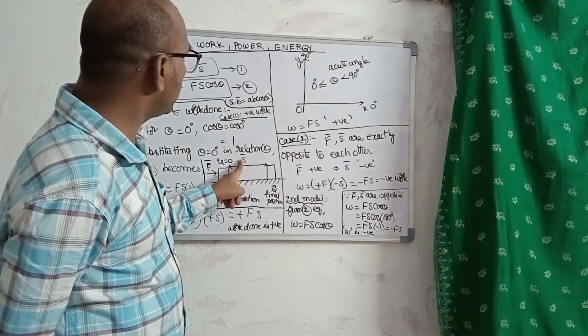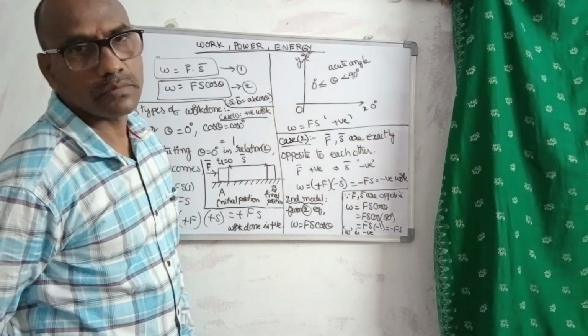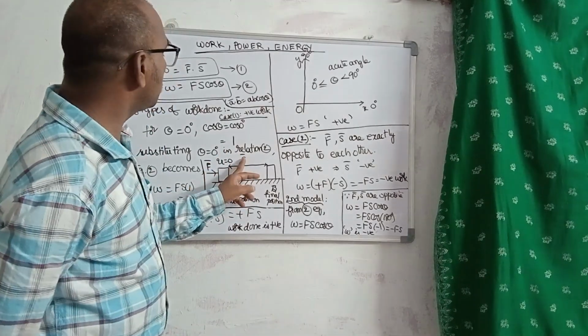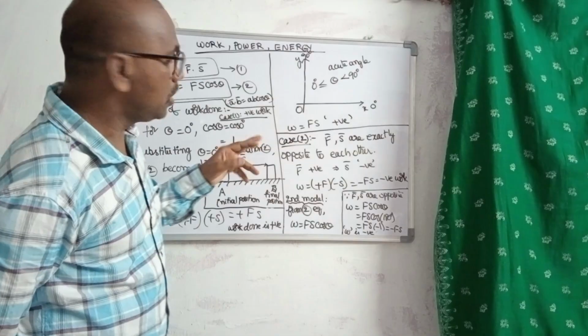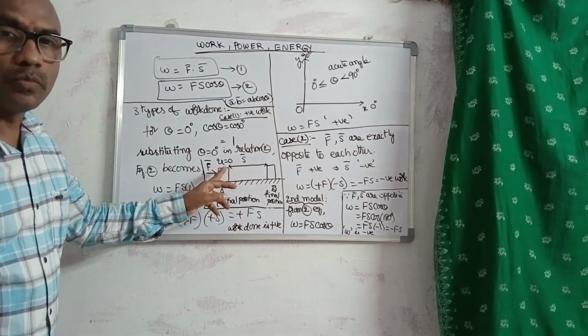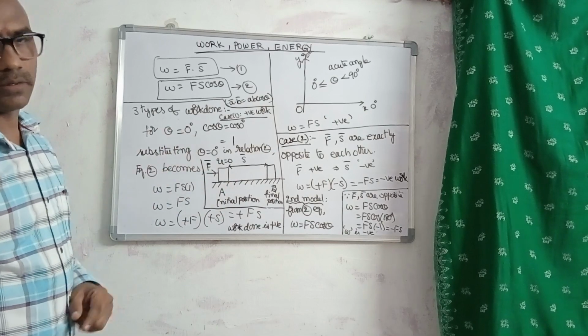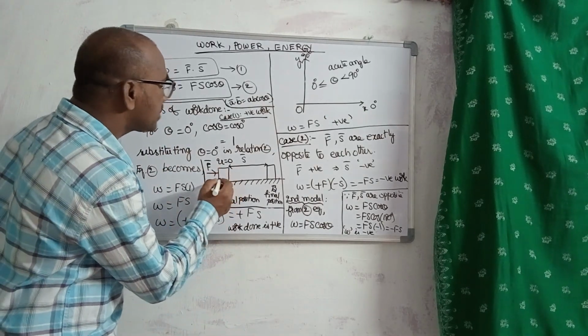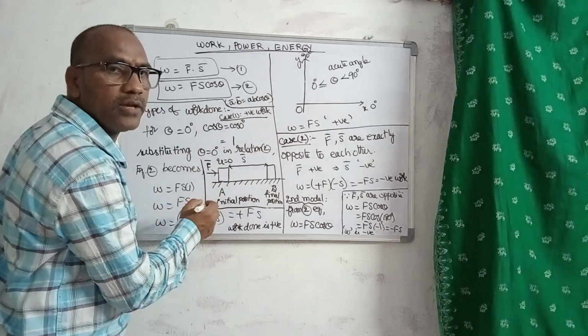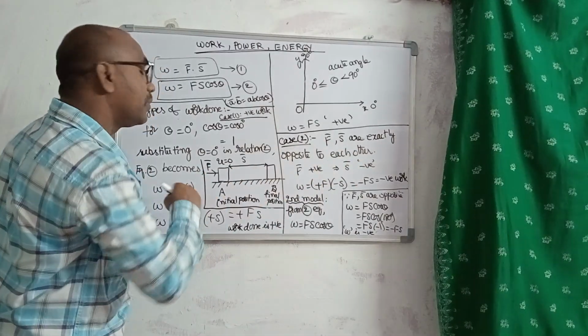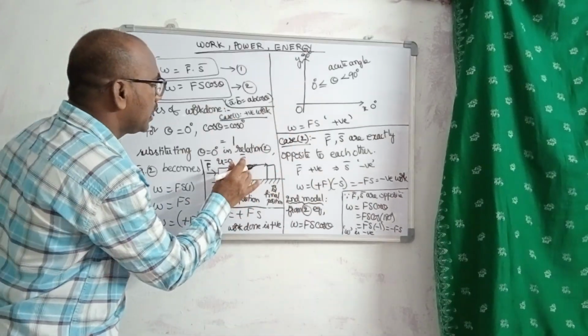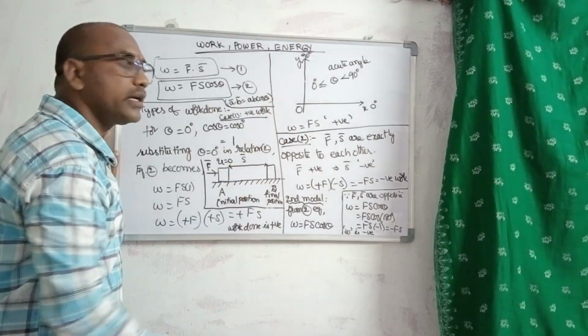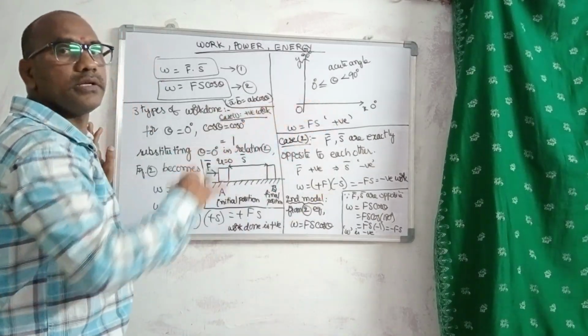The displacement is denoted by S bar. Now, force into displacement equals work done. Work is done by whom? Work is done by the block. Here, in which direction are you applying the force? Right side, along the horizontal direction. And the displacement is also along the horizontal direction.